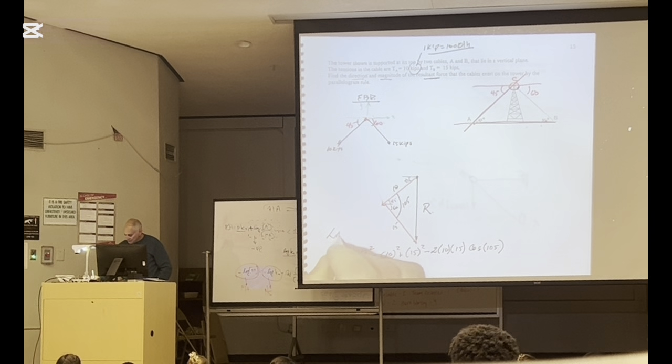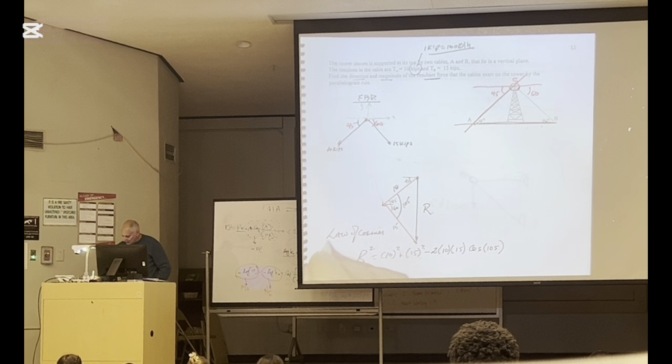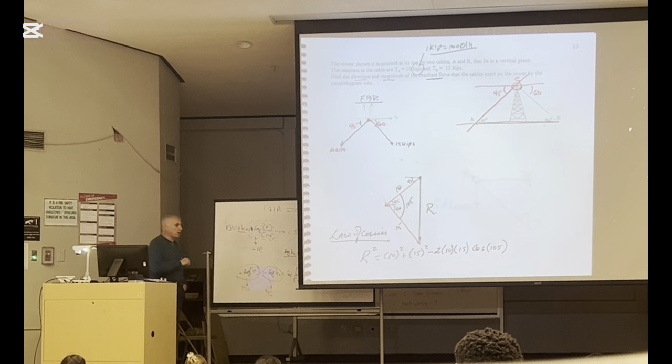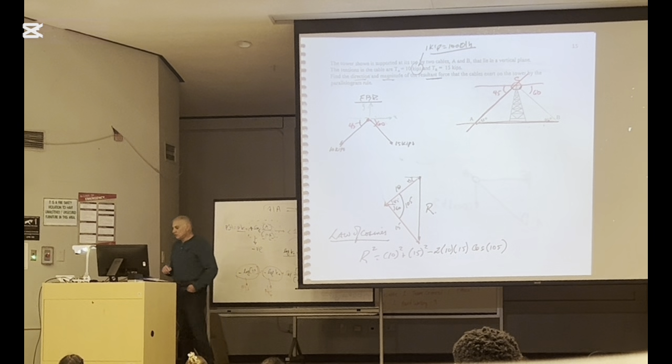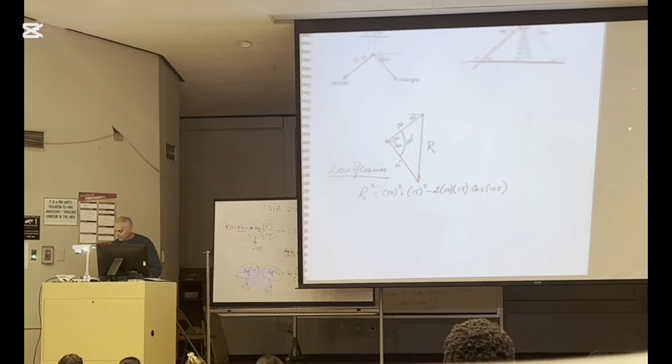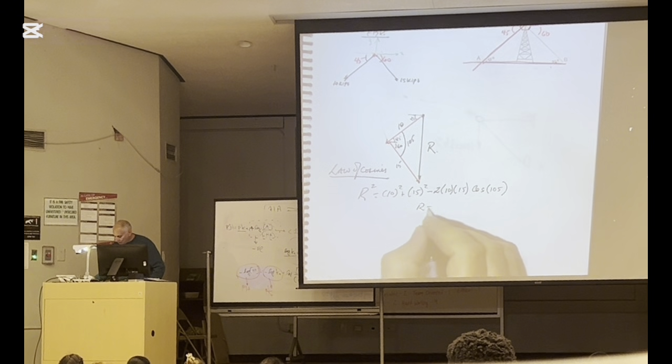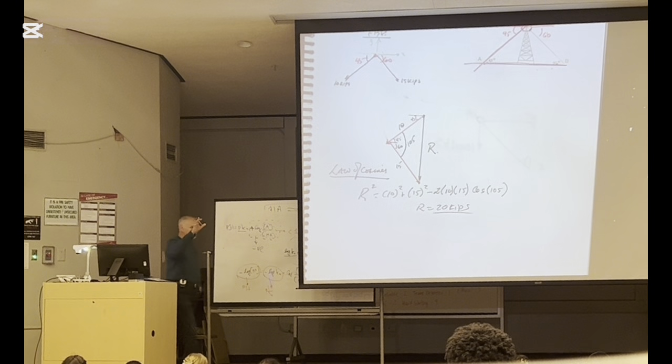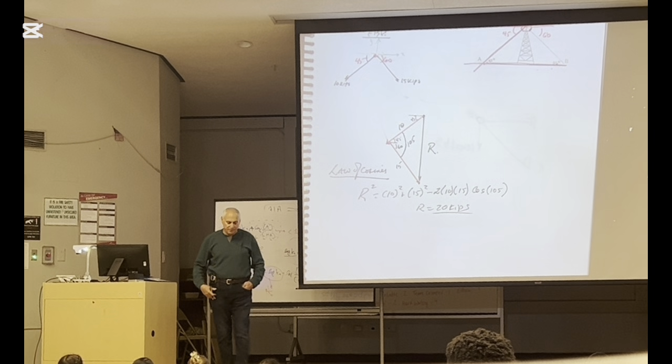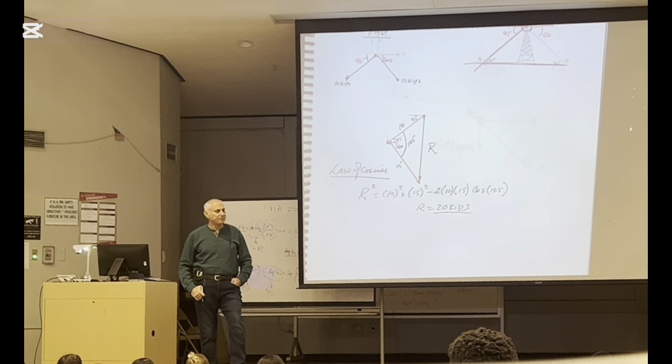This is the law of cosine. You can see it in the appendix in the ProCopy booklet if you want to see it generic. If I solve this, I'm going to get r roughly 20 kips. Whatever, I just round it. I don't really care at this stage.